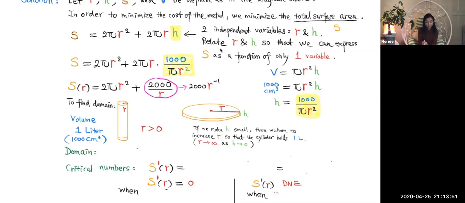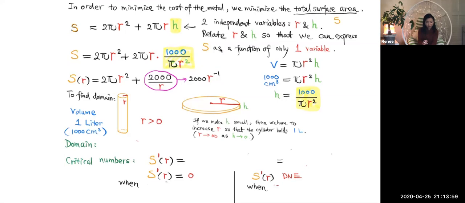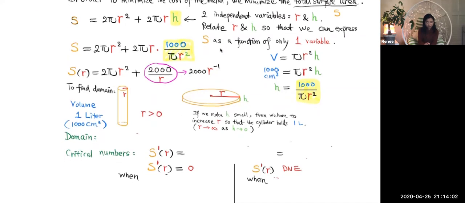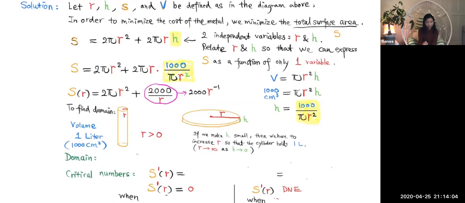This is 2000 times r to the negative 1 power. Now the next step, once you find this function, is to find the domain for this function.